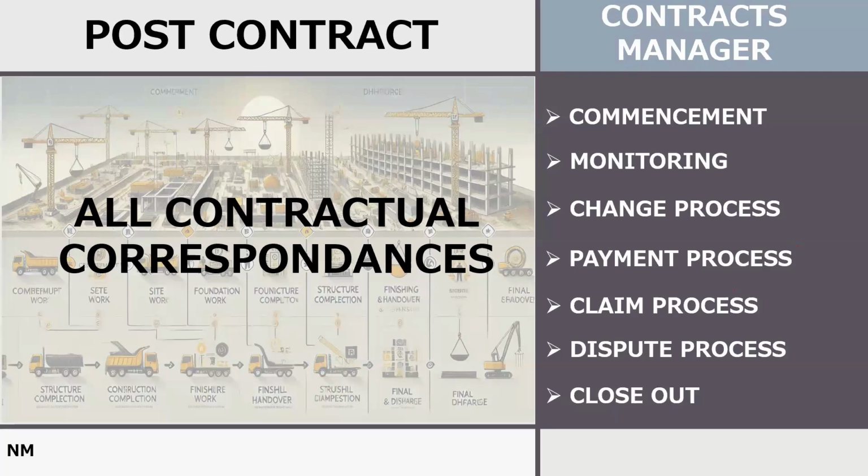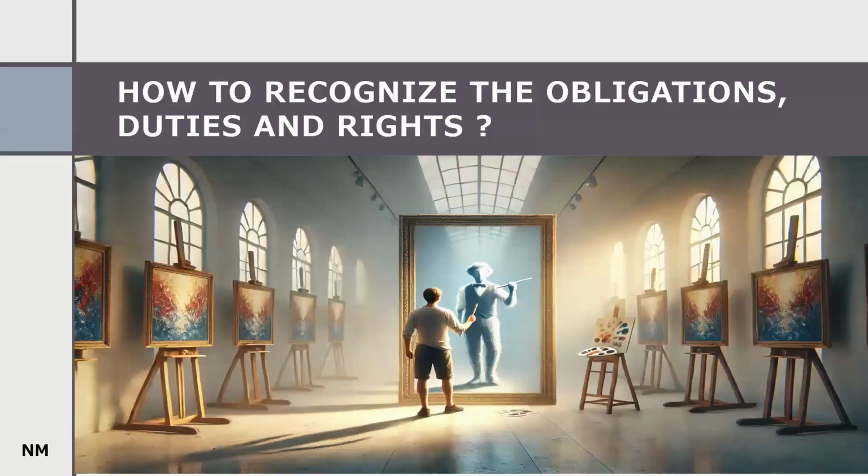So in order to perform such an important and effective task, we need to recognize the obligations, duties and rights. I will keep repeating these three words because contract management is all about these three things. We have to recognize these among all the elements given in the contract. As I mentioned at the beginning, a contract document is a very huge document.